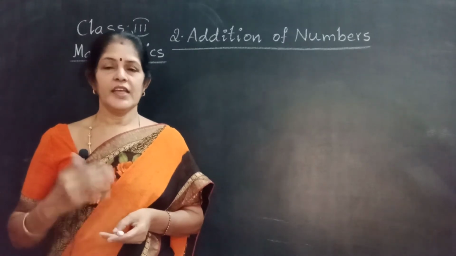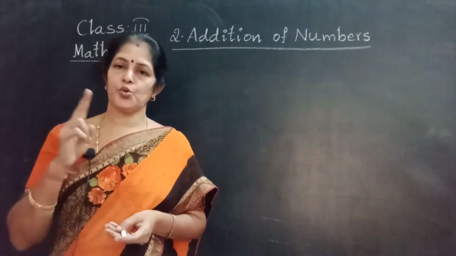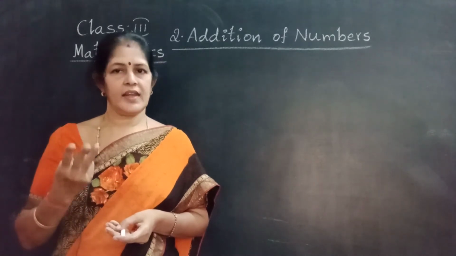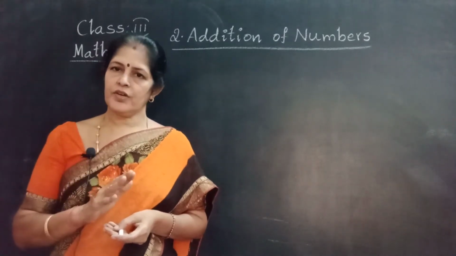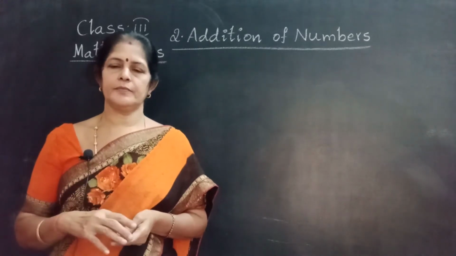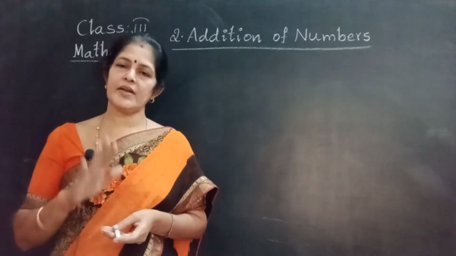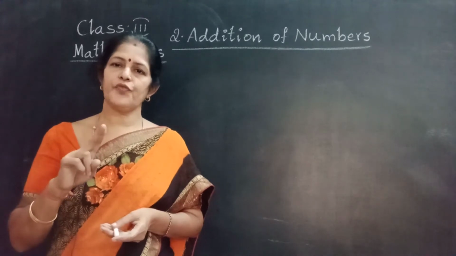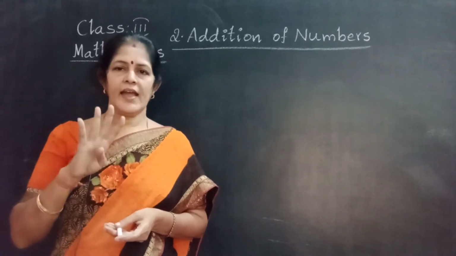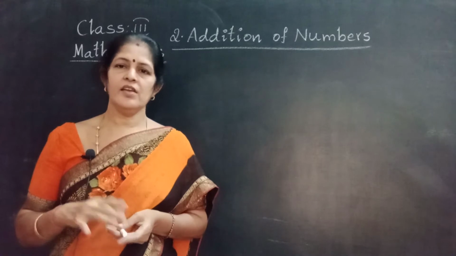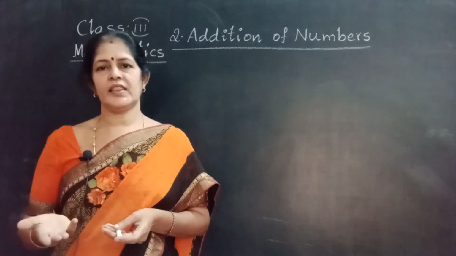Yes or no? In 3-digit numbers, 2 lines addition and 3 lines addition without regrouping, with regrouping. In 4-digit numbers also, 2 lines and 3 lines addition without regrouping, with regrouping.